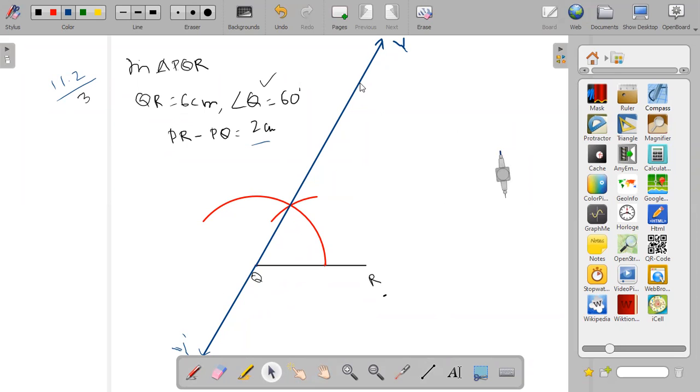You cannot draw 2 centimeters with this compass, so we will take somewhat bigger, but for you it should be 2 centimeters.